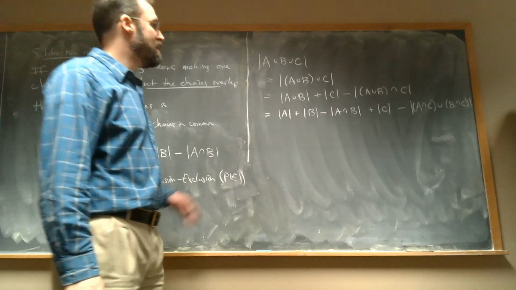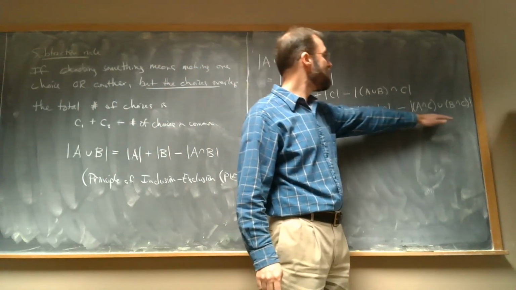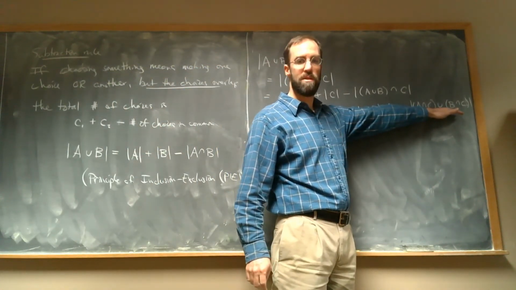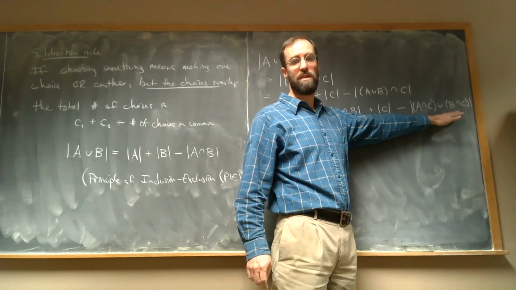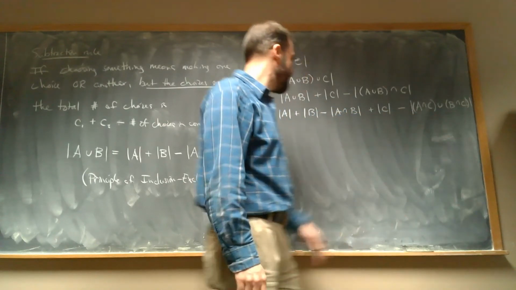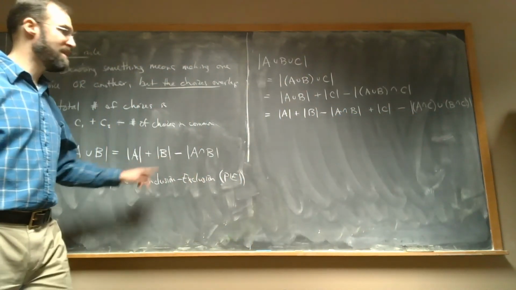Now this is all kind of settled, but we need to do this. So now, again, we have the size of a union, so we can apply this rule yet again.